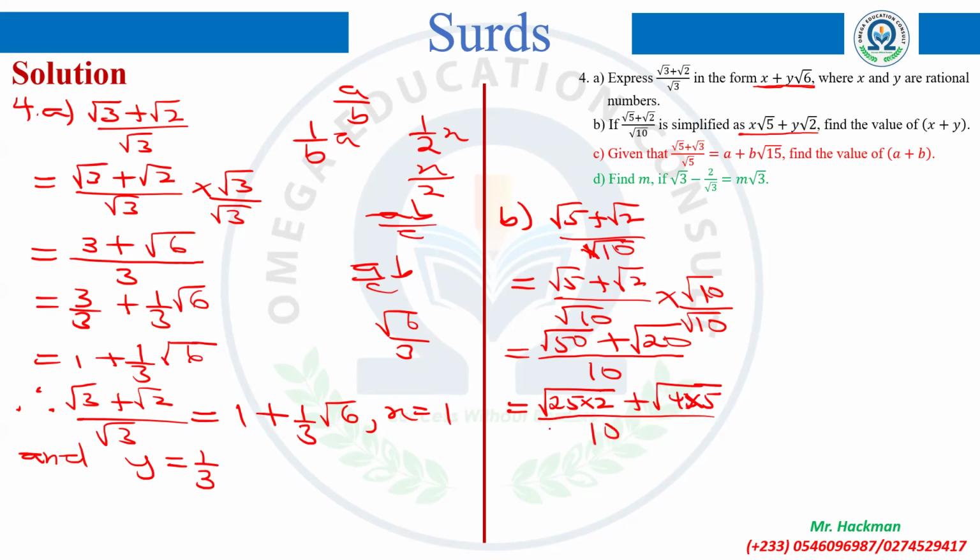My professors, I hope you are following. You are not lost. So we know this will give us root of 25, which is 5. So I'll get 5 root of 2, then plus 2 root of 5, all over 10.